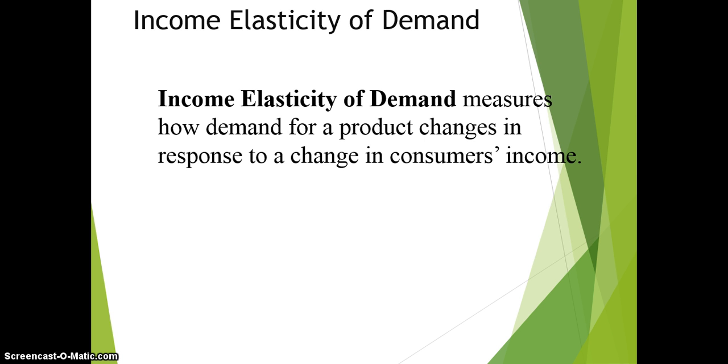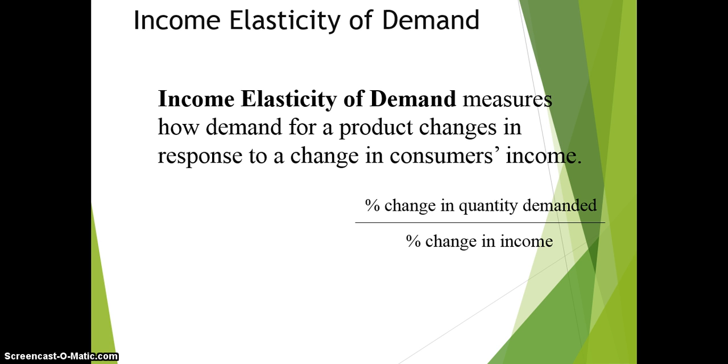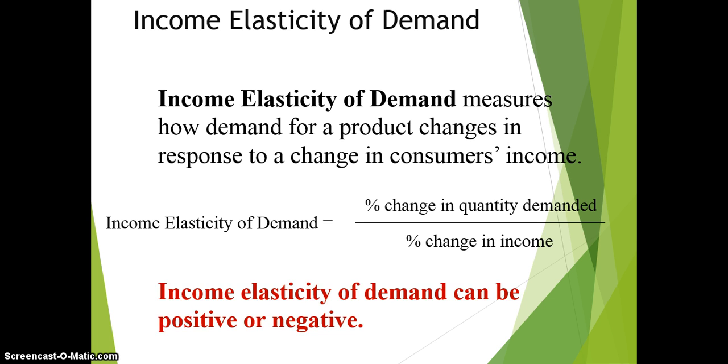And just like PED, there's an equation. The equation is actually pretty similar. It's percentage change in quantity demanded over percentage change in income. Now, PED must always be a negative number, but income elasticity of demand can be either positive or negative.